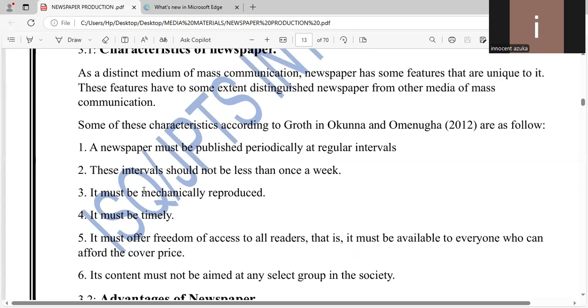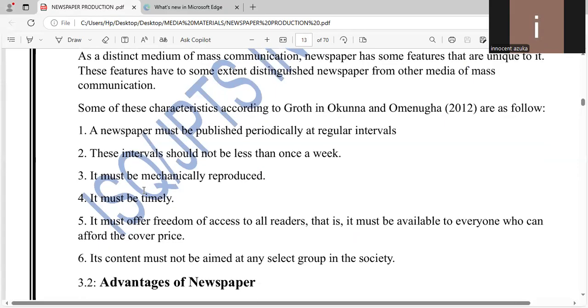It must be mechanically reproduced. It must be timely. It must offer freedom of access to readers.